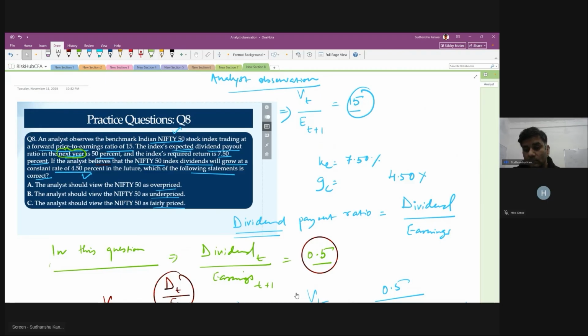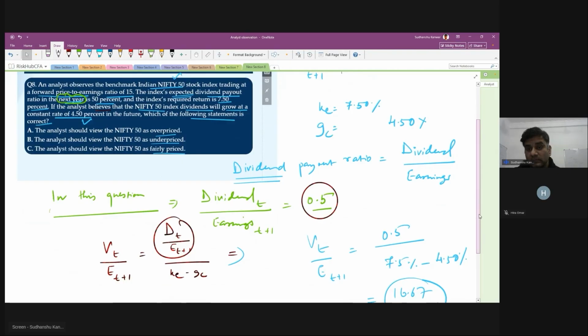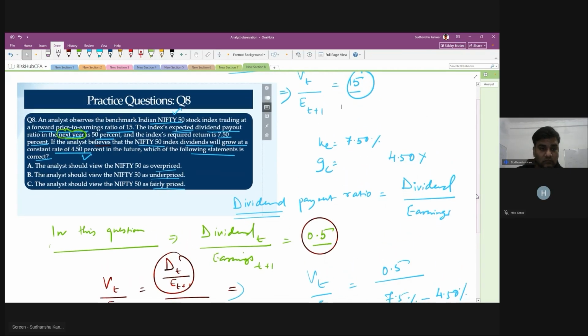So is it underpriced or overpriced, right? How do you figure that out? Conceptually, how do we answer this? It is underpriced or overpriced. Basically, the analyst is saying, so okay, should the analyst view the Nifty as overpriced, underpriced, or fairly priced?